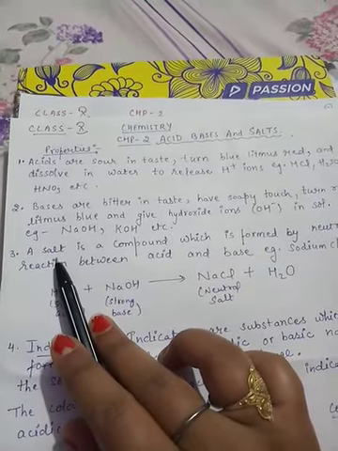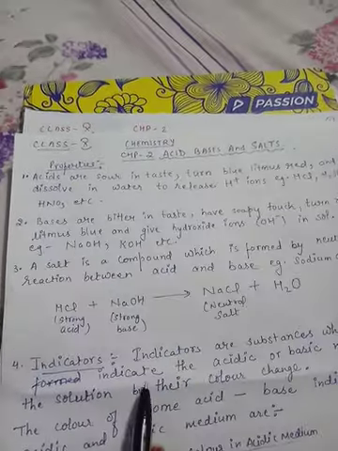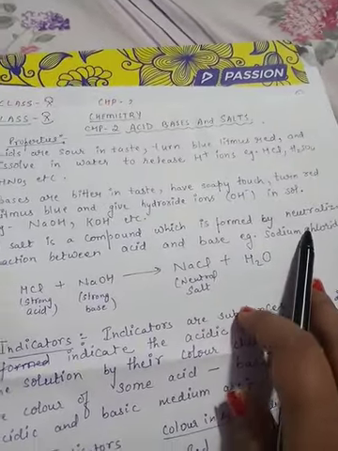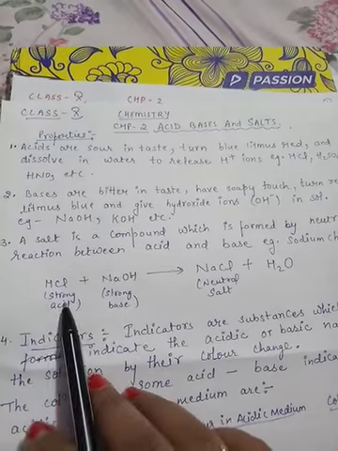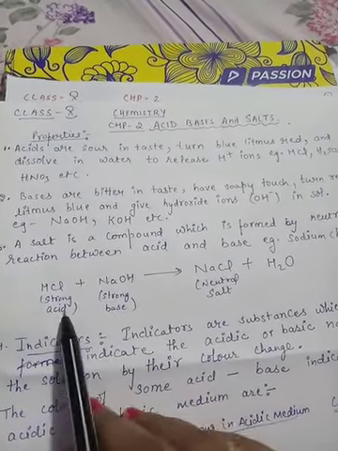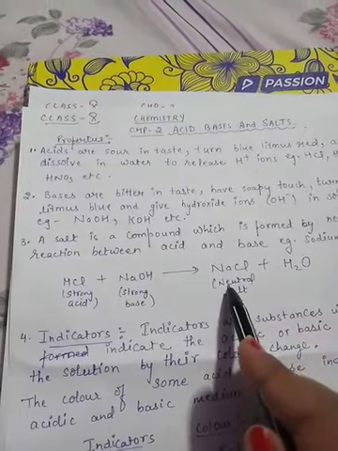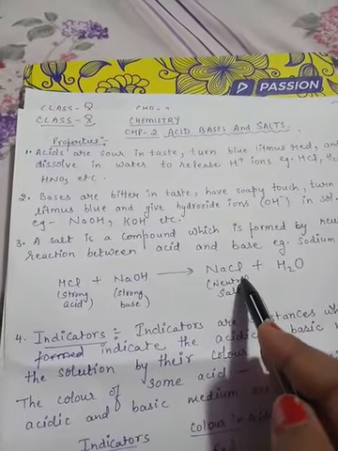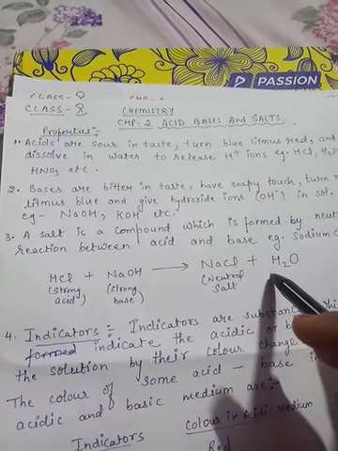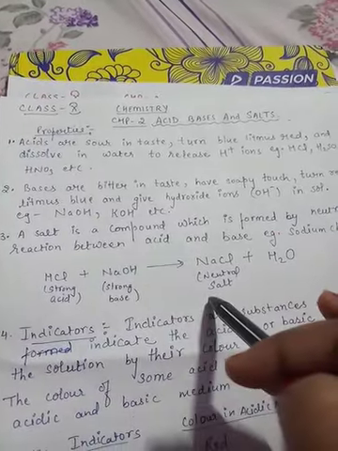Now if we come to salt, what is a salt? A salt is a compound formed by neutralization, when a strong acid and a strong base combine, then a neutral salt is formed, that is NaCl and water. So in this, the neutralization reaction happens and then a salt is formed.